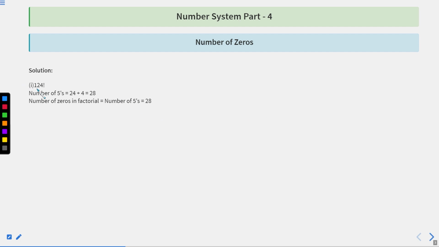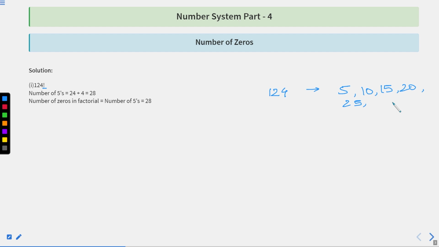So here we have 124 factorial. I need to find out how many 5's are there in it. For the sake of explanation, what type of numbers will have 5? One will be 5, another will be 10, another 15, next 20, 25. All such numbers will have 5 as a factor.